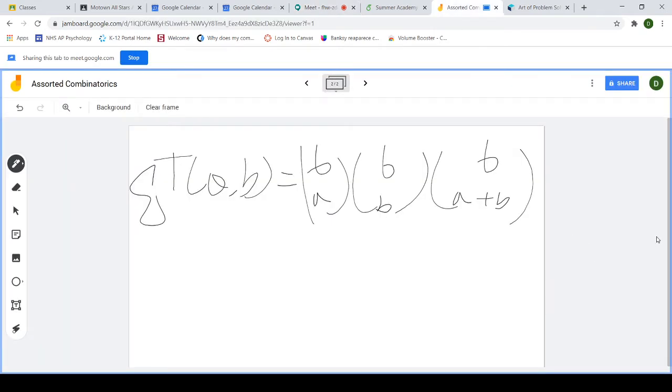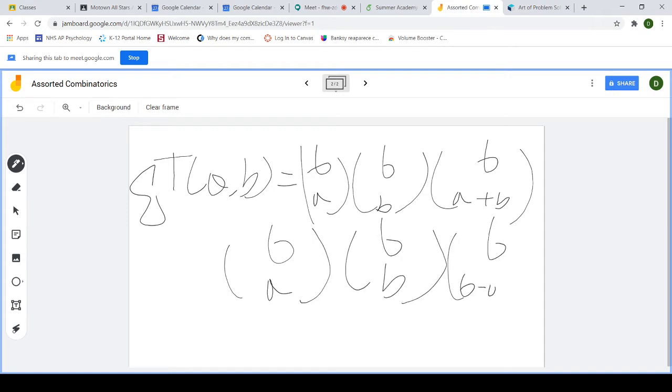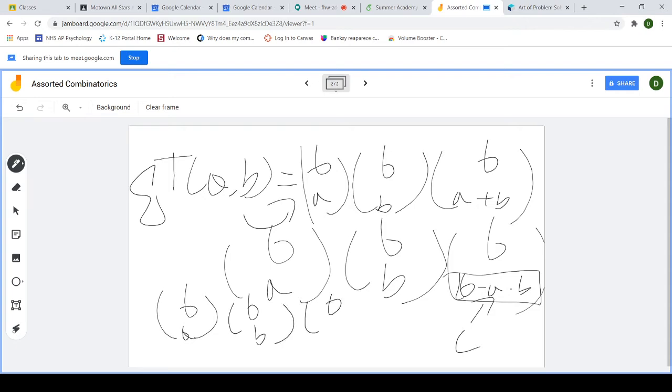The first step here is to change it to look a little like this: 6 choose 6 minus a minus b. And then I'm going to replace 6 minus a minus b with c, so that instead of summing over all possible values of a and b, we're going to sum over all possible values of a, b, and c such that a plus b plus c equals 6.